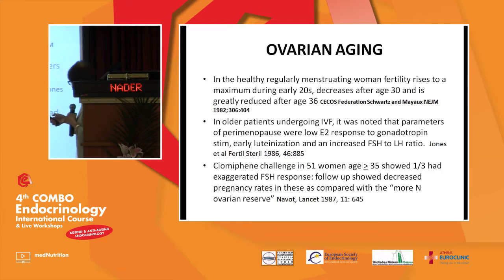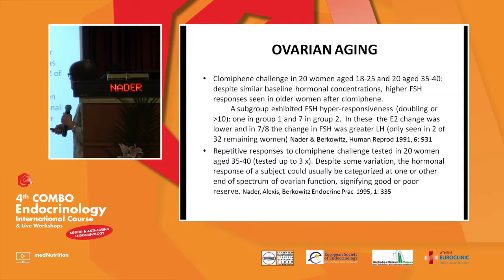And what he showed was that in 51 women aged 35 or more, 1/3 had an exaggerated FSH response, exactly what he was looking for. And follow-up showed that there were decreased pregnancy rates in these women as compared with those that didn't have an exaggerated FSH response.